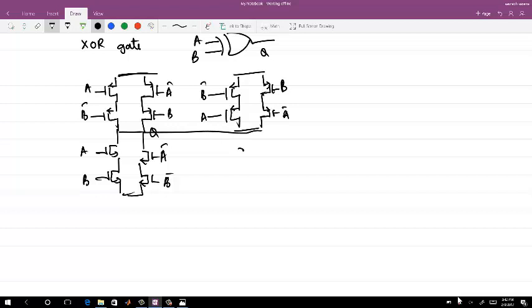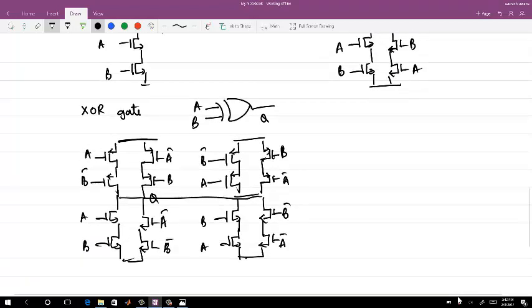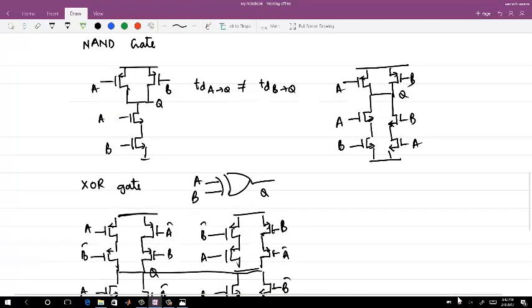Similarly, you do for the bottom. Any logic gates which you are going to use in high speed design: B A, B bar A bar. So that concludes your PFD design.